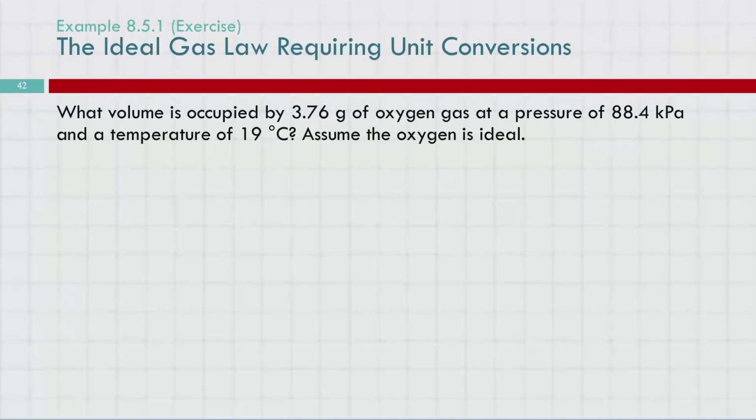Okay, so those were nice ideal gas law problems. Ideal gas law problems will not always be so nice. So we might get something like this. This is the ideal gas law, but something that's changed is that we now have to do unit conversions. So what volume, nice that volume's right up front next to our question word.